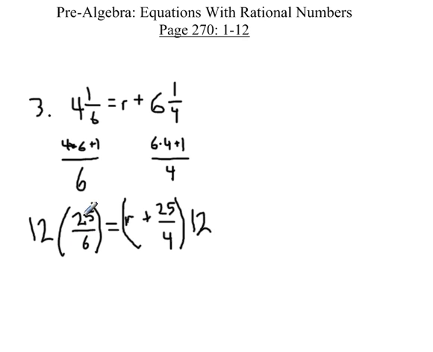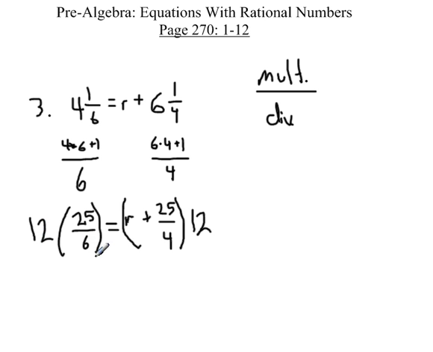If you don't like working with the fractions, then go this way. What you're going to do is 12 times 25 over 6. Now, I've been telling you that when you look at a fraction, the top means to multiply and the bottom means to divide. And what that means is that I can do 12 times 25 and get that answer, or I can get 12 divided by 6 and get that answer. Now 12 divided by 6 is much easier to me.